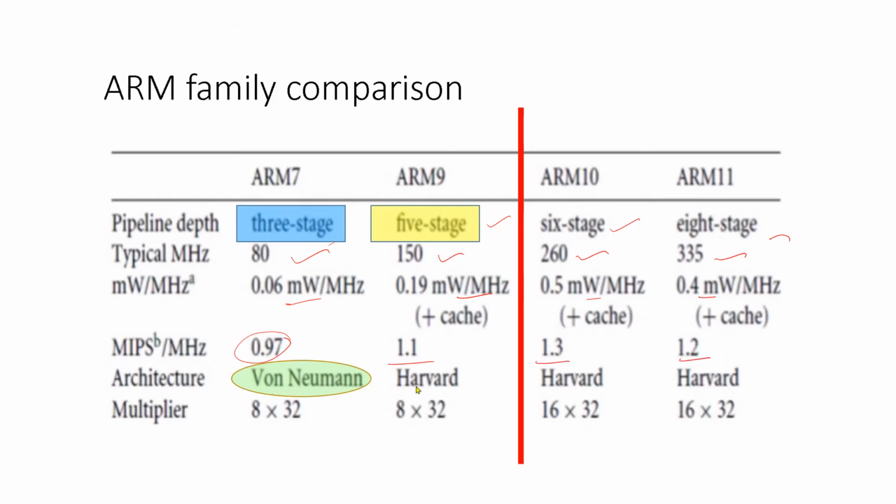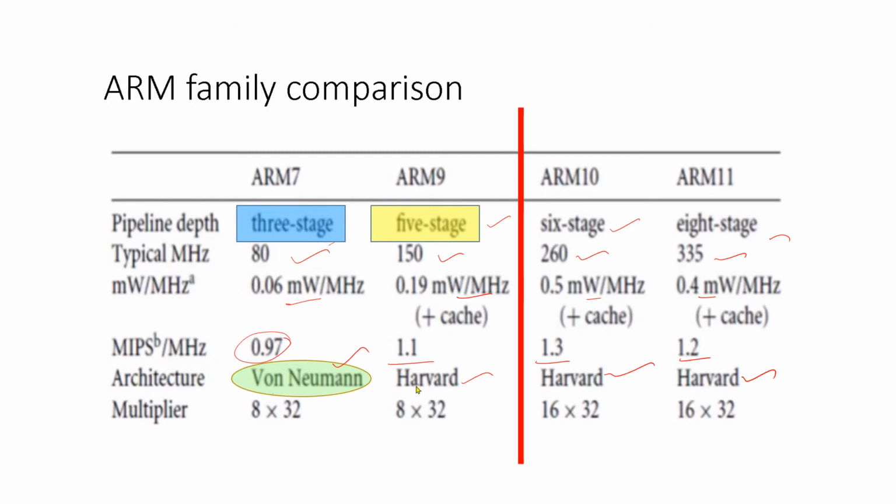And then, as I said, ARM7 is based on the Von Neumann architecture, ARM9 Harvard, ARM10 Harvard, and ARM11 Harvard. So it depends upon the application. The application needs a very good architecture so that the desired output, speed, performance, controlling, whatever requirement is needed, we have to choose the particular type of architecture.